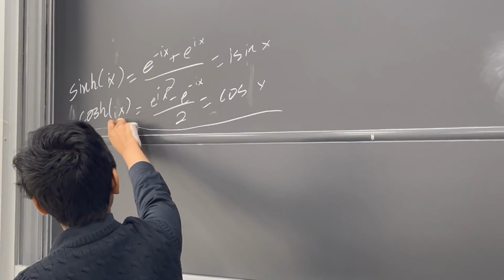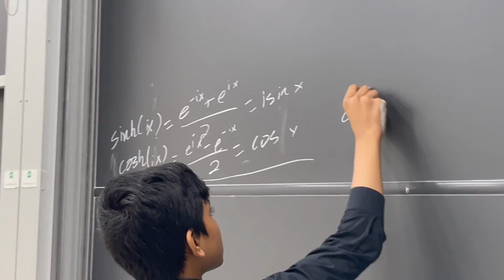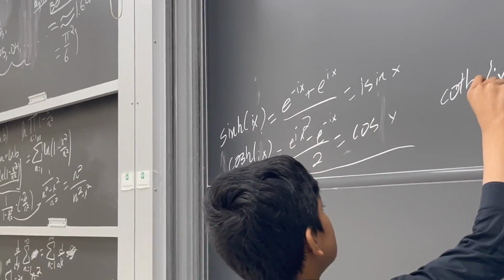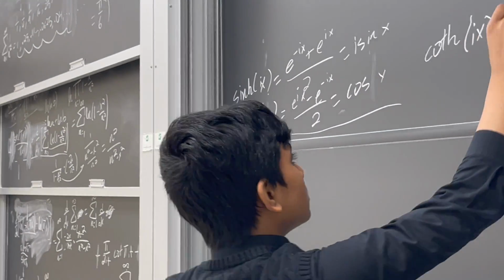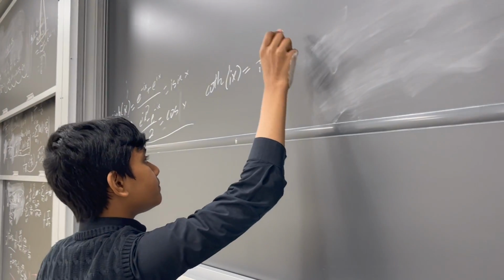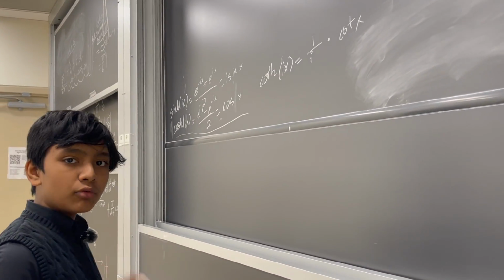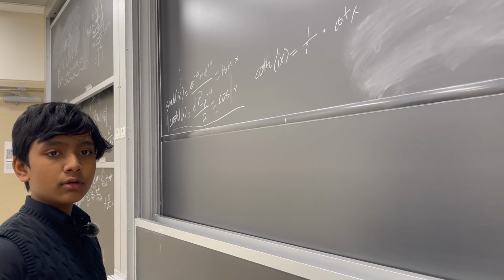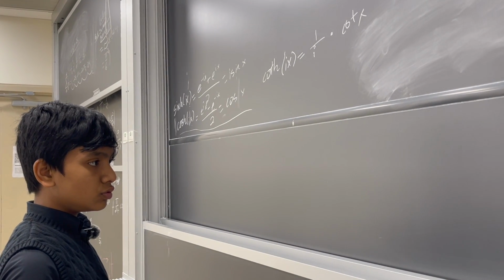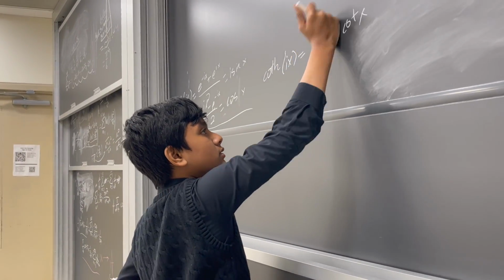If we divide this by this, we get cos of ix is equal to 1 over i times cot x, or cotangent x. Now 1 over i, as you should know, is i cubed, or negative i.